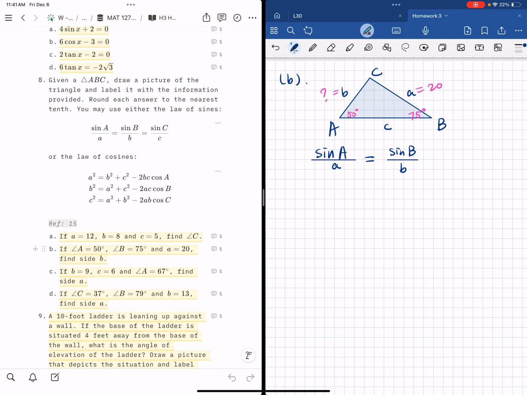And now let's plug in the numbers. Sine of A will be sine of 50 degrees divided by A, which is 20, equals sine of B, that's sine of 75 degrees, over B. And then you do cross multiplication, right?